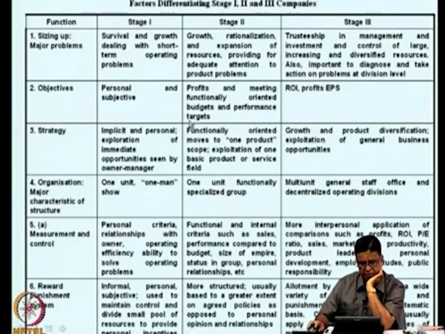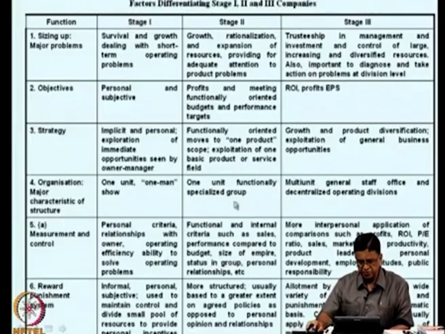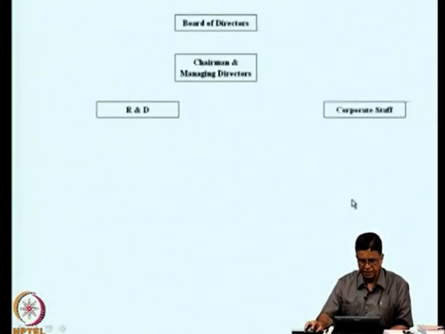Stage 1 mostly entrepreneurial, stage 2 functional areas coming into focus, stage 3 a real company operation comes into focus. So, whereas in stage 1 it can be one unit, one man show, stage 2 it can be one unit functionally specialized group, whereas in stage 3 it can be multi unit, general staff, office and decentralized operations.